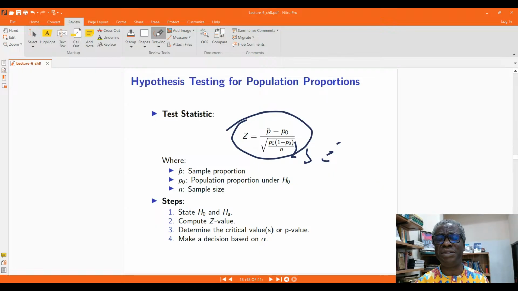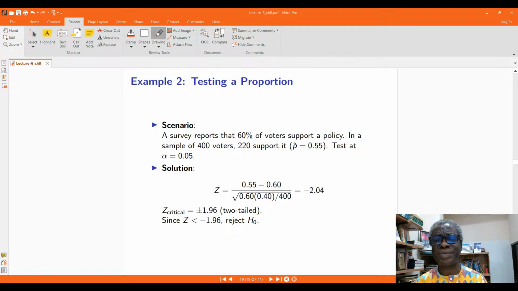This is the estimated proportion from the sample, the proportion of voters in the sample that support the policy.